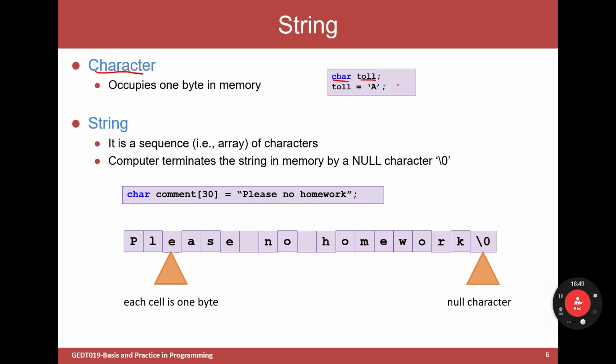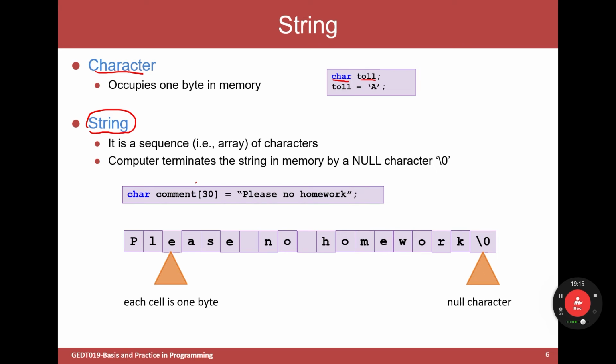Now, how about if I want to create a variable that can save multiple characters? In this case, you are talking about something we call a string. A string is a collection of characters, not a single character.